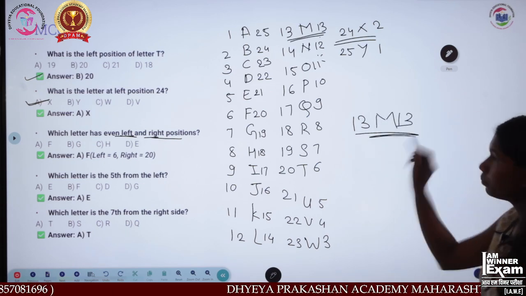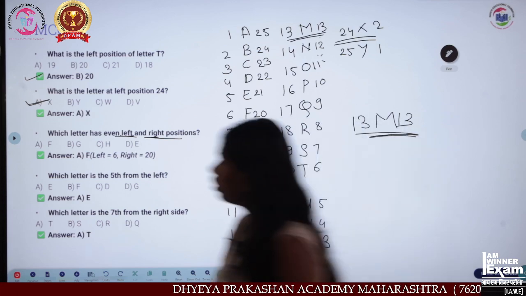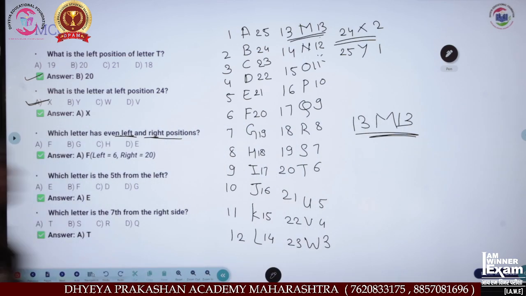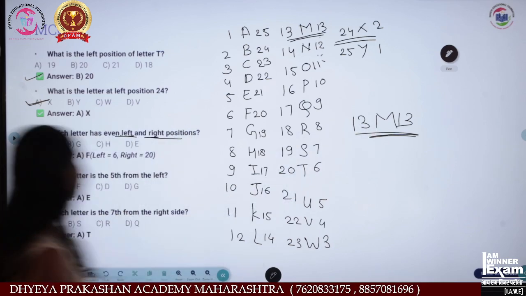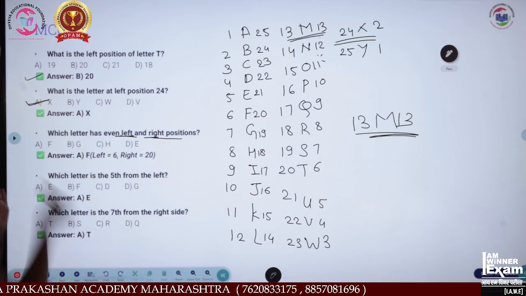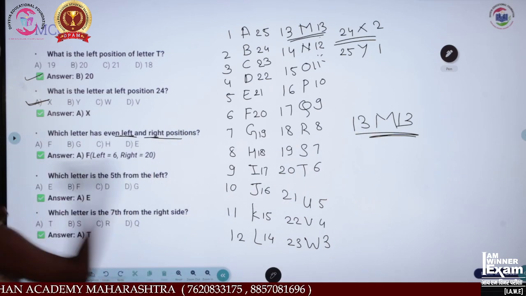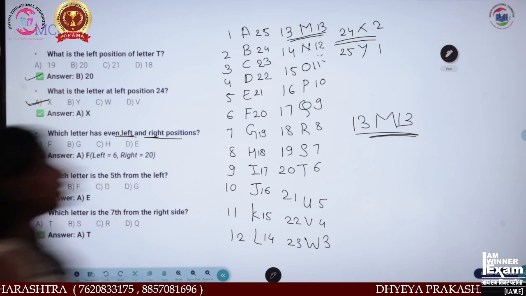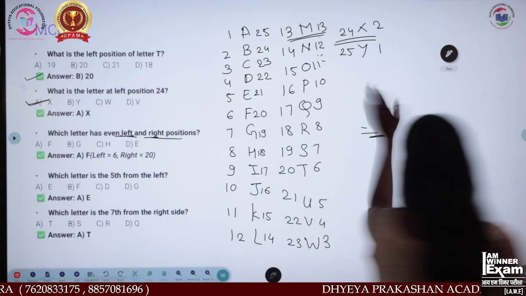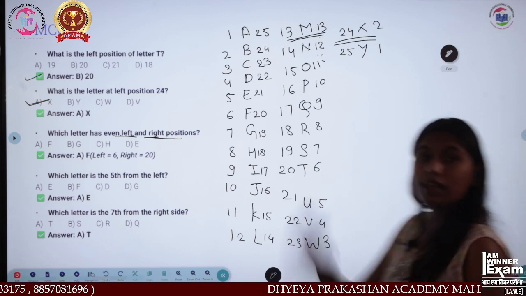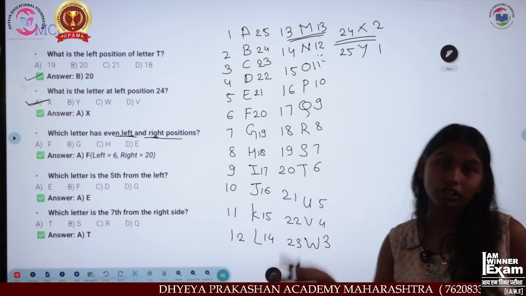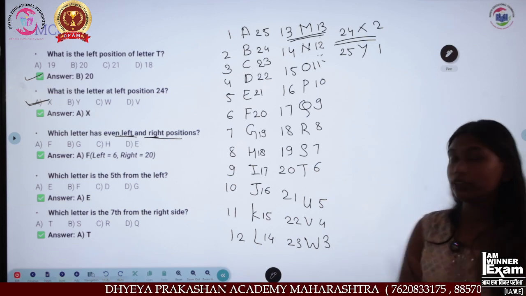So M is the correct option. But if we see the options here, there is no M. So we have to find again a letter which has an even numbered position on the left and also on the right.